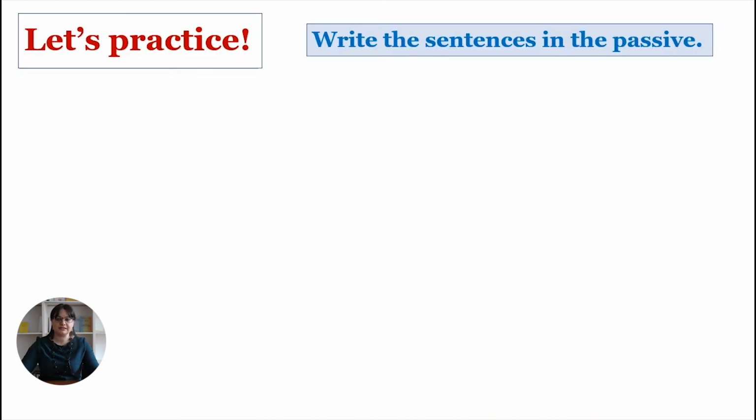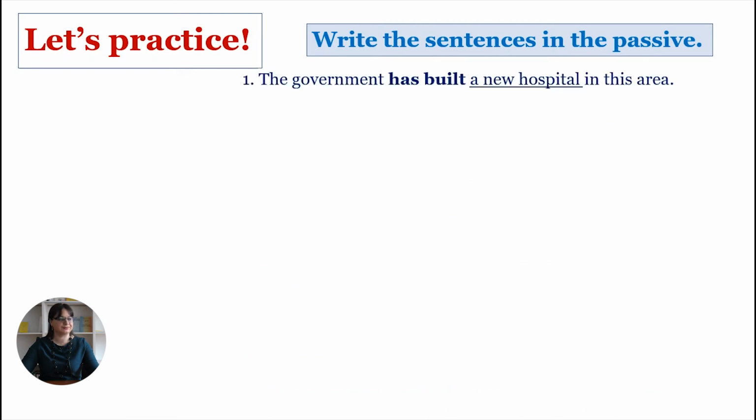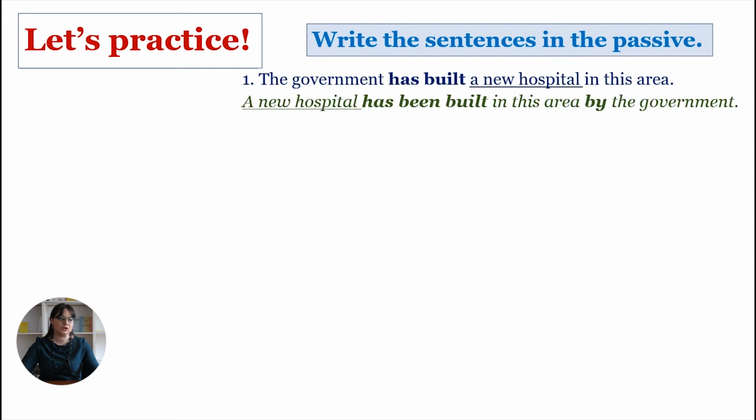Write the sentences in the passive. The government has built a new hospital in this area. Think a little. Let's check. A new hospital has been built in this area by the government.